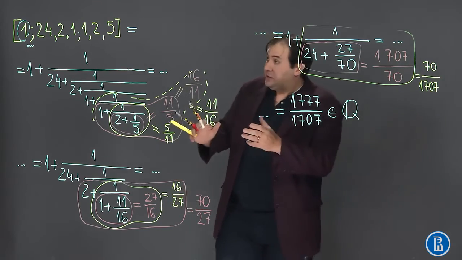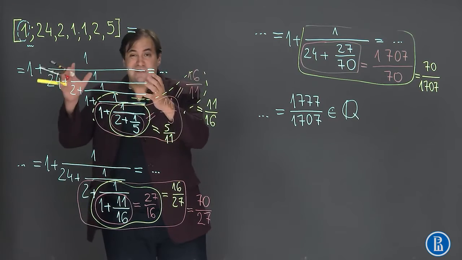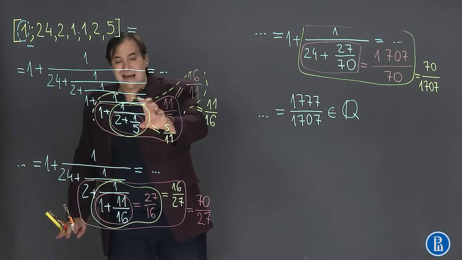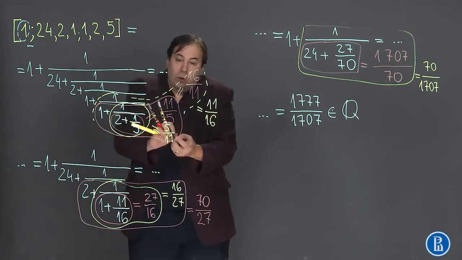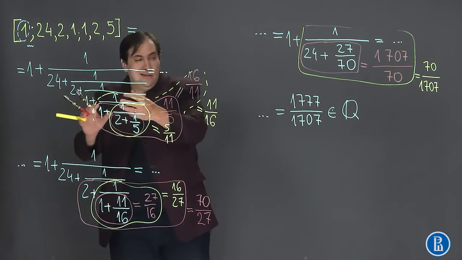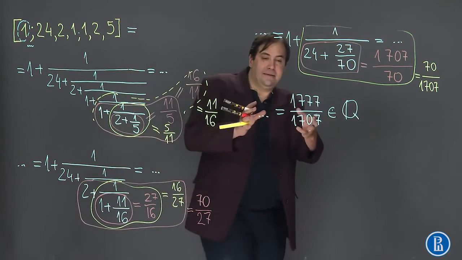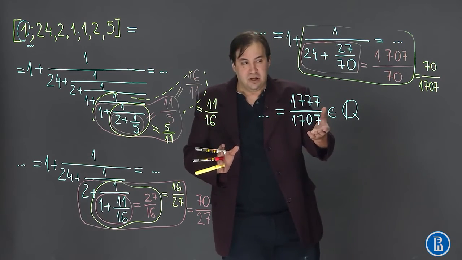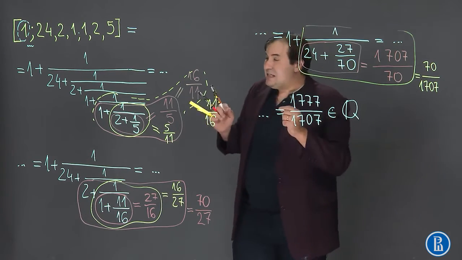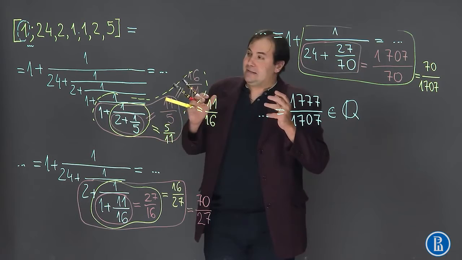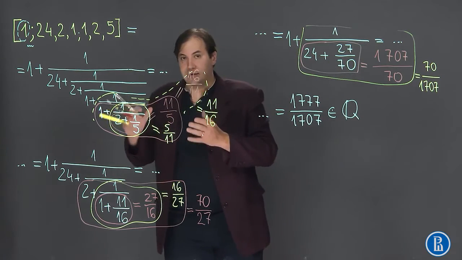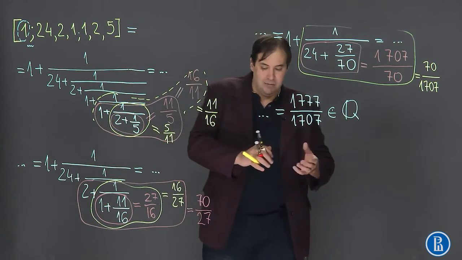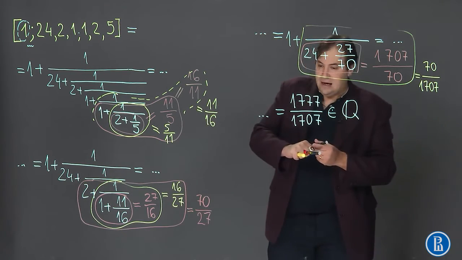In the beginning, we took a continued fraction, a finite continued fraction. And starting from its end, we rolled up this fraction until we gained just an ordinary fraction, integer divided by integer. Acting similarly, we understand that any finite continued fraction represents a rational number. So we can even write this down.